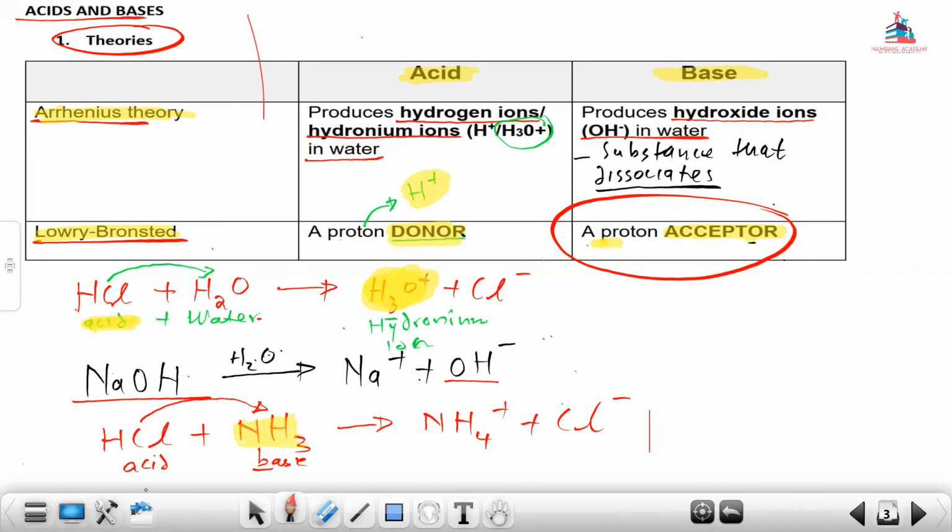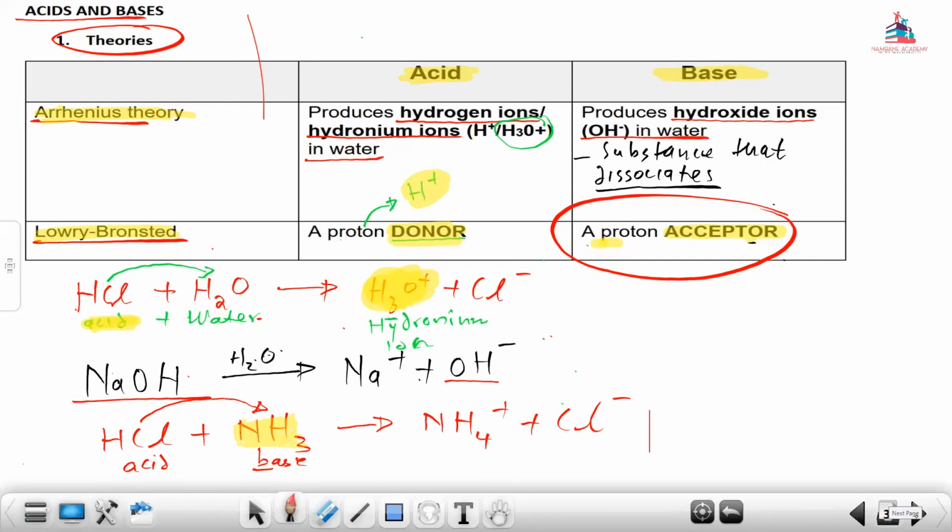So this is just an overview of what Arrhenius theory emphasizes, as well as what Lowry-Bronsted emphasizes. If I understand these basics, I can further move on and classify my acids in terms of a strong acid and a weak acid.